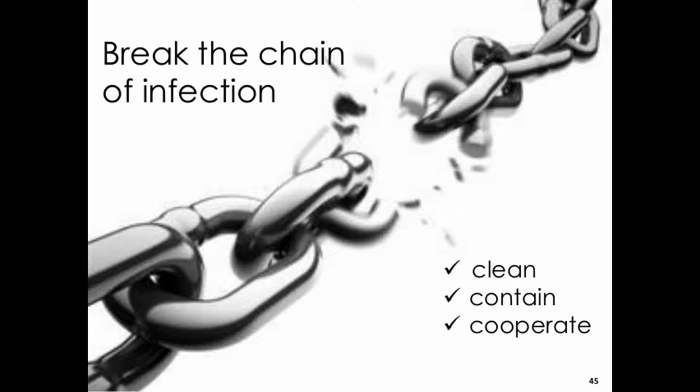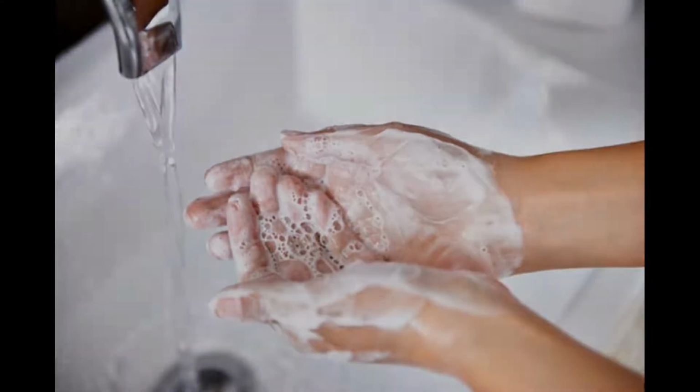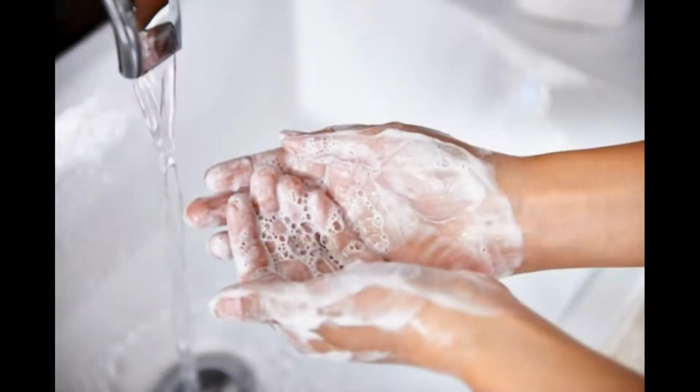Now, the most important is hygiene, cleaning your hands. Yan, importante yan. You can use hand sanitizers, but the best way to clean your hands is by soap and water. Di ba yun po yung sinasabi sa atin ng DOH. Mas maganda pa nga po yung naghuhugas tayo ng kamay using soap and water.